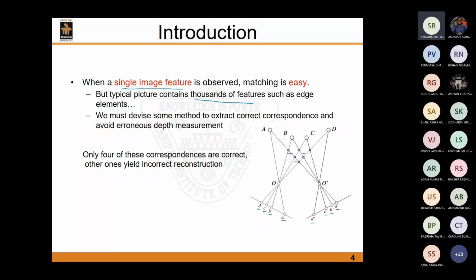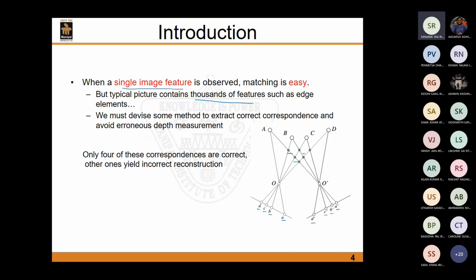In the previous case, there was only a single point of intersection, because you're considering only two lines, and therefore that particular point, by default, we just take it as the 3D point, and it's good to go. But in this case, you have multiple image features, or let's call them points, within both images, the first image as well as the second image.